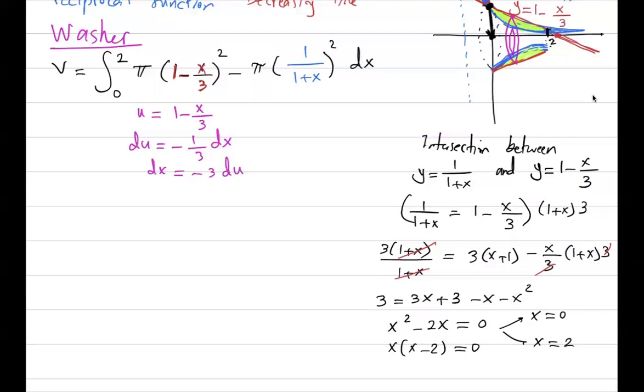So the very first integral can be written as, the volume to be pi times negative 3, the integral of u squared du, and the second integral, negative pi integral of 1 divided by 1 plus x to the second, dx.